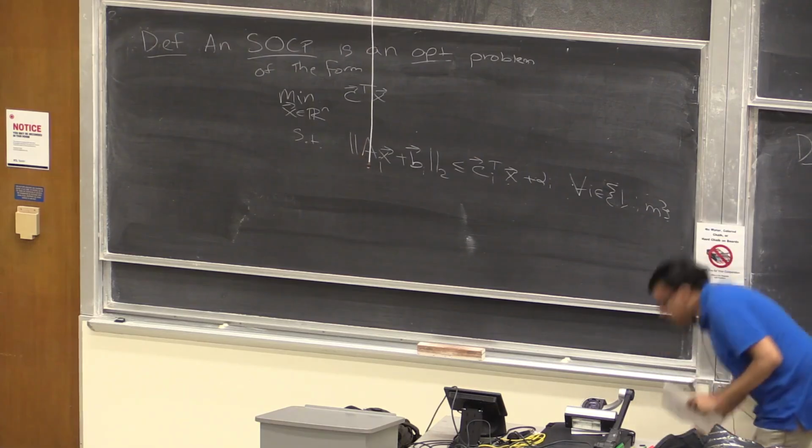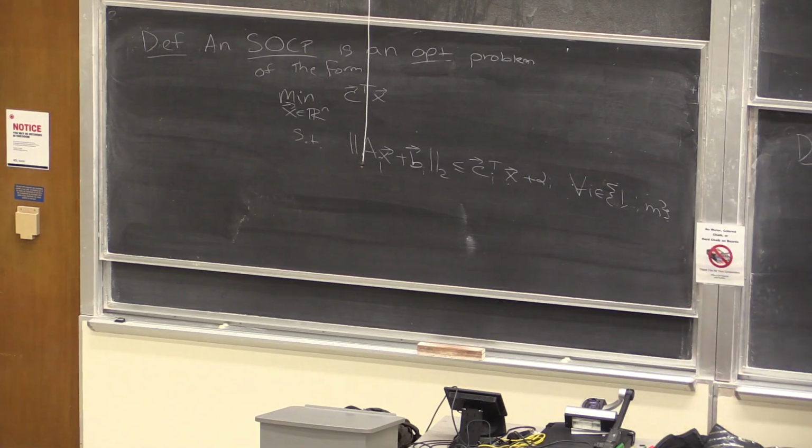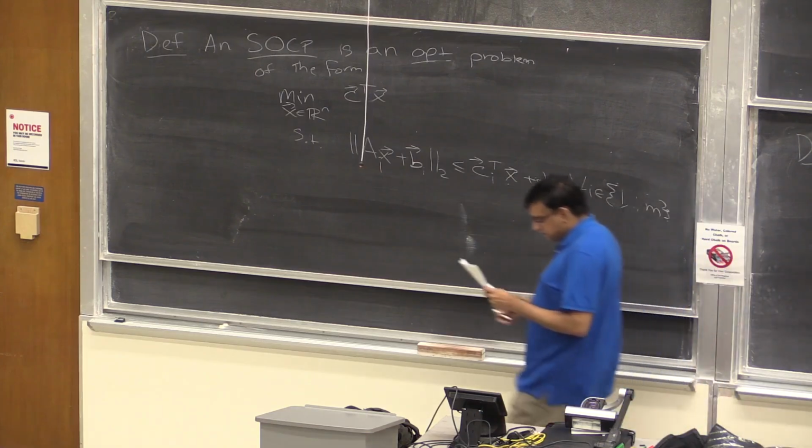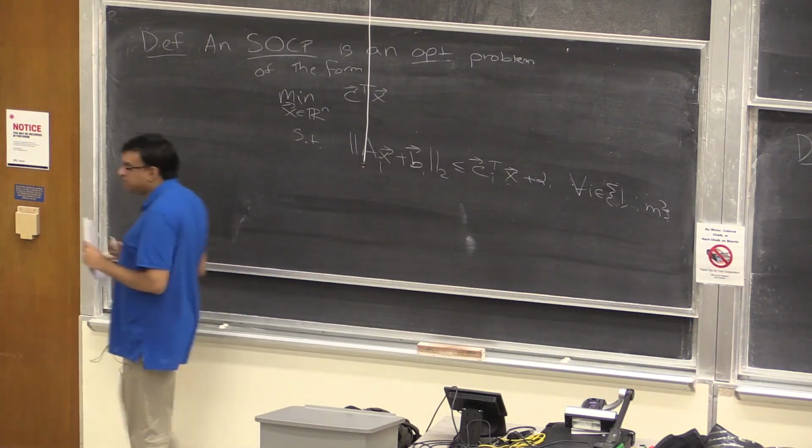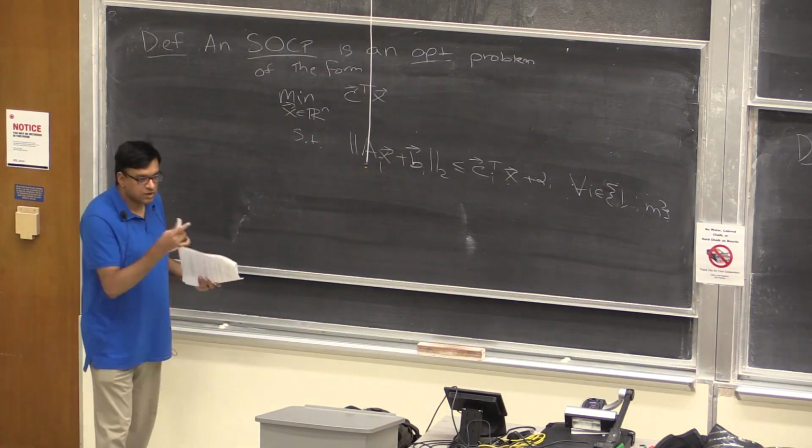Let me get a better chalk. Okay. Good. So the c_i, d_i, A_i, and b_i are all indexed by i.